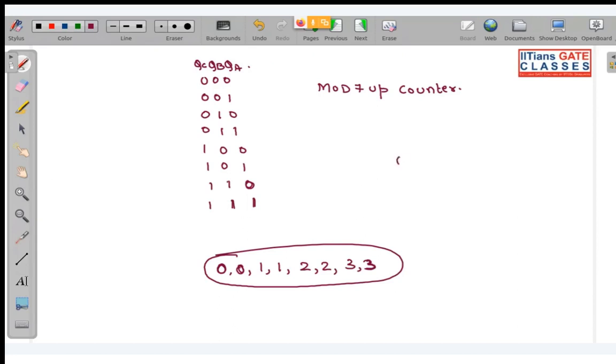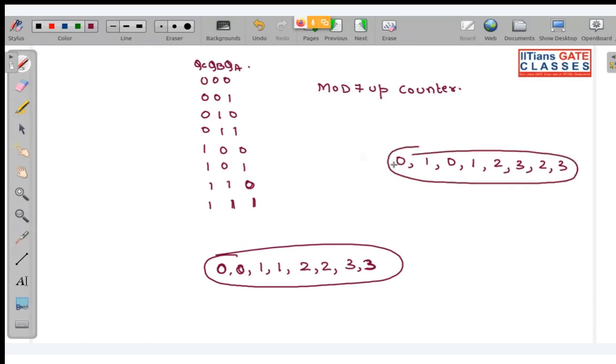Or even a counting state like this? Okay, let me ask you, are these two the same zeros or are they unique? So basically this is the count state. Yes, this is unique. These are unique zeros.